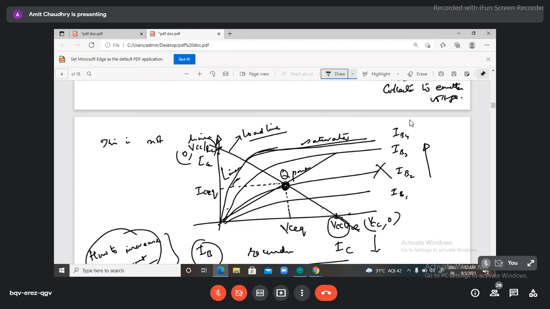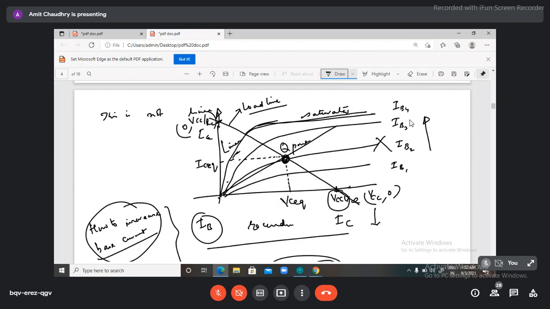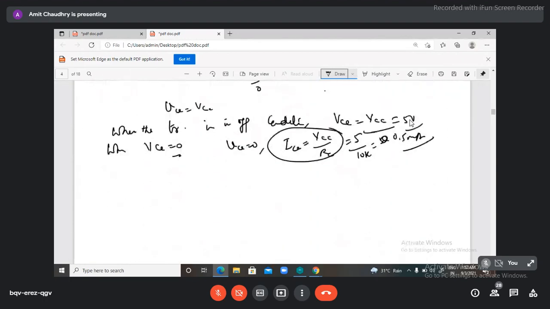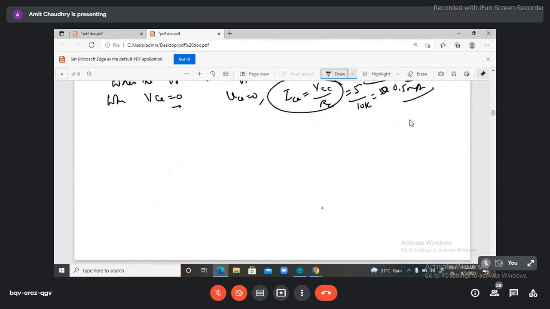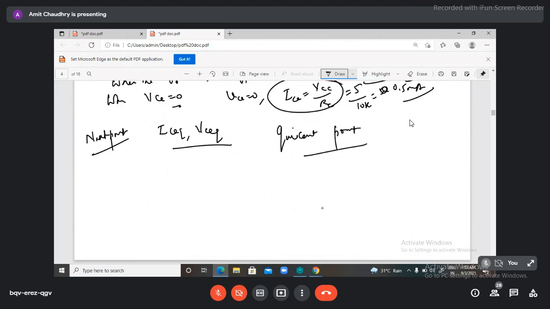And these are two more coordinates, ICQ and VCEQ. What is this all about? The next point is ICQ and VCEQ. This is called the quiescent point, or Q point.